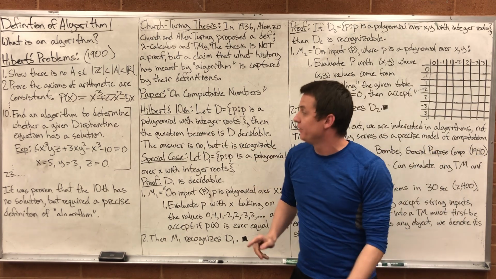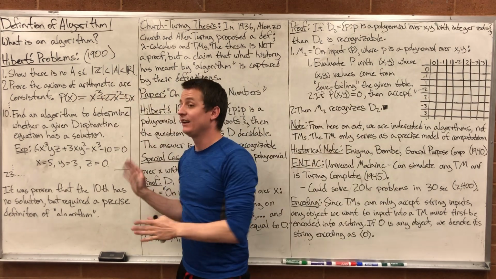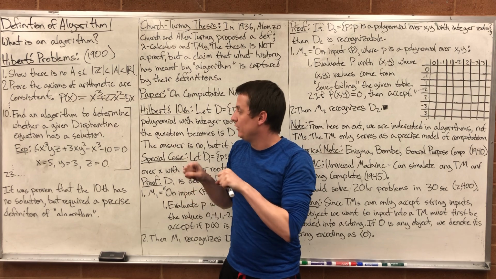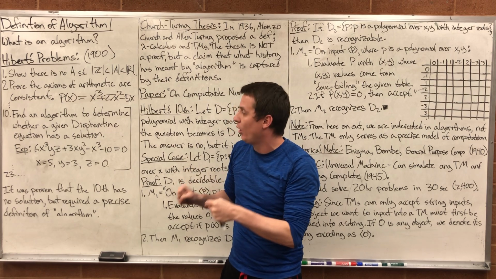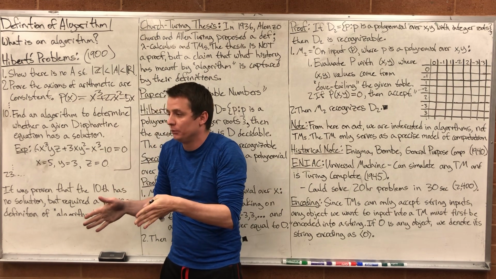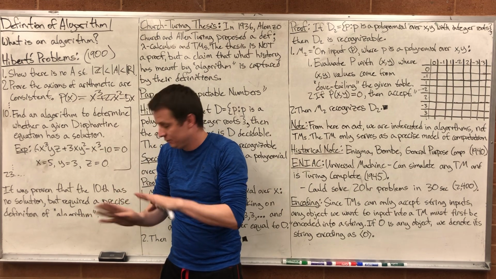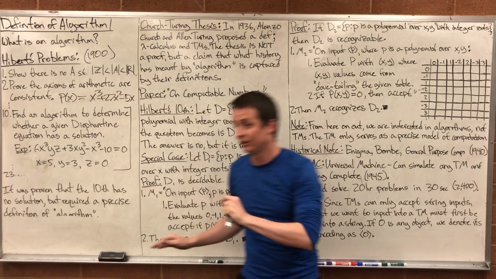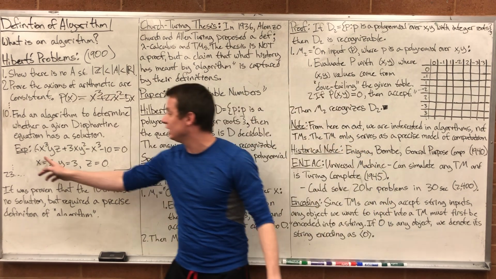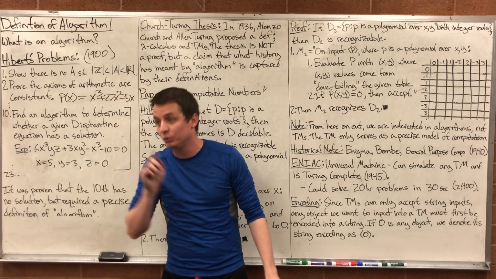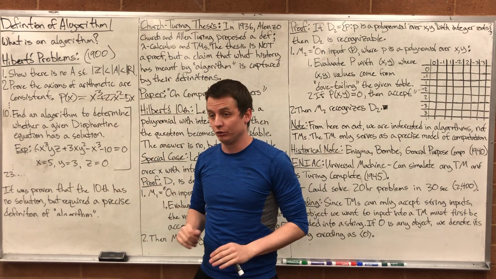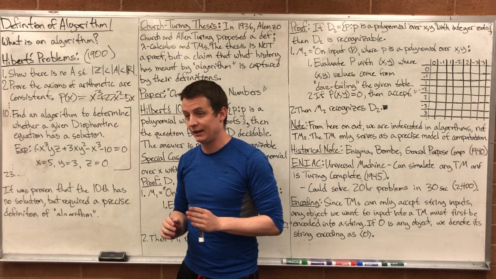I'm going to prove that this is recognizable. I'm telling you that you cannot come up with an algorithm, no matter how hard you tried, that if I gave you a Diophantine equation, determines: does it have solutions, yes or no? That algorithm, impossible, doesn't exist. However, if I promise I'm only going to give you Diophantine equations that do have solutions, you just have to write an algorithm that finds those solutions, then yes, you could create that algorithm.